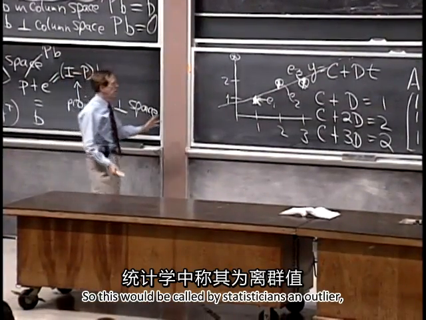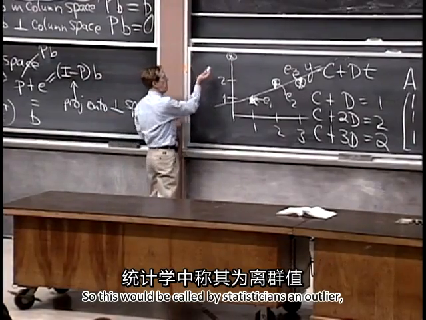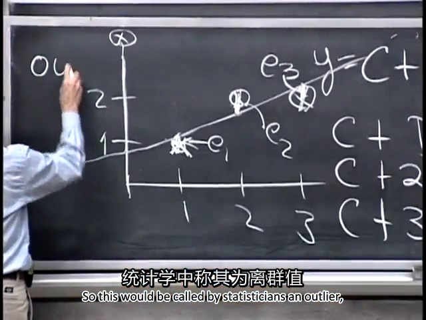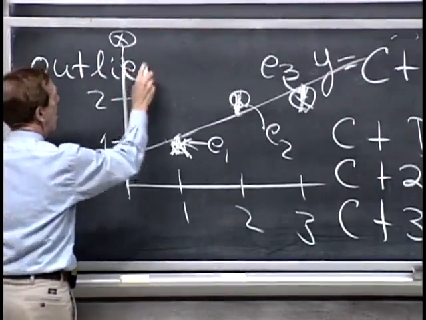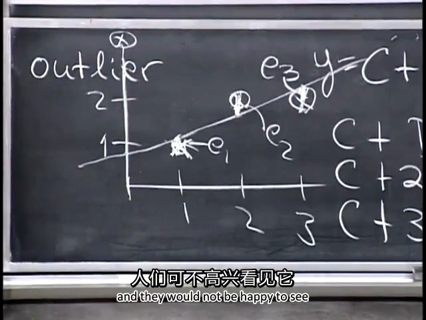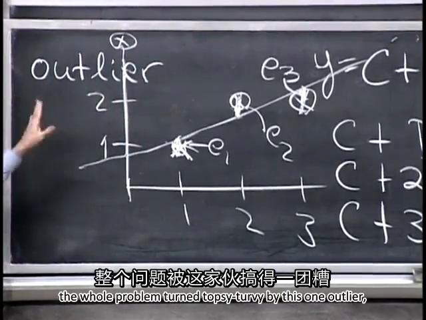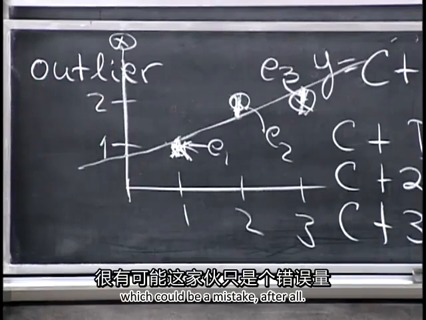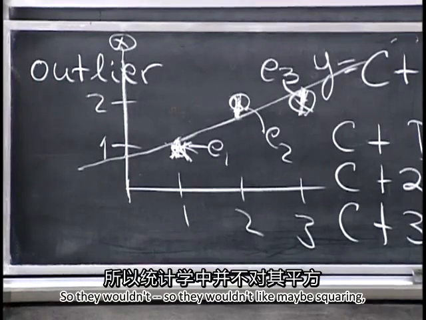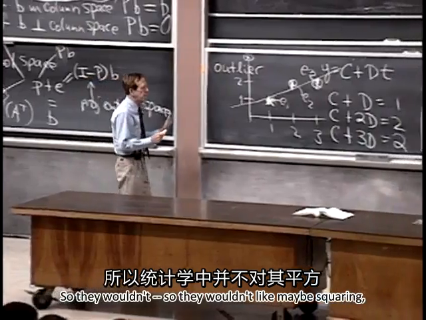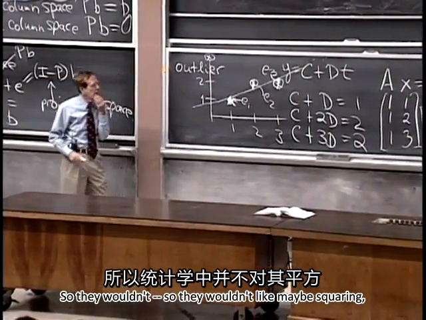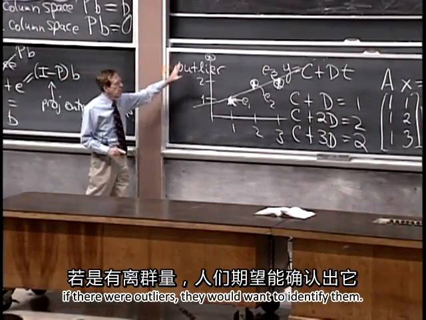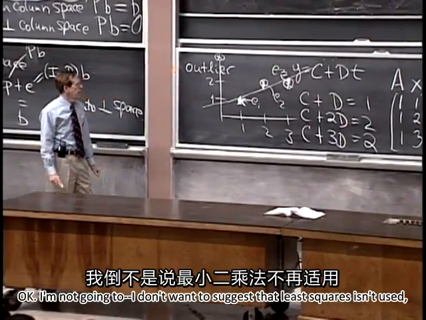So this would be called by statisticians an outlier, and they would not be happy to see the whole problem turned topsy-turvy by this one outlier, which could be a mistake after all. So they wouldn't like maybe squaring. If there were outliers, they would want to identify them.